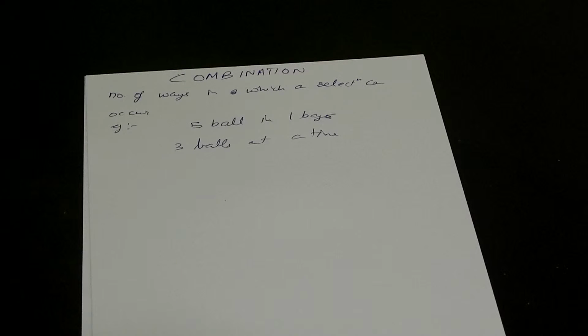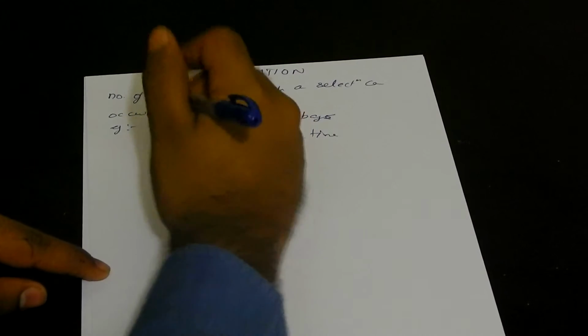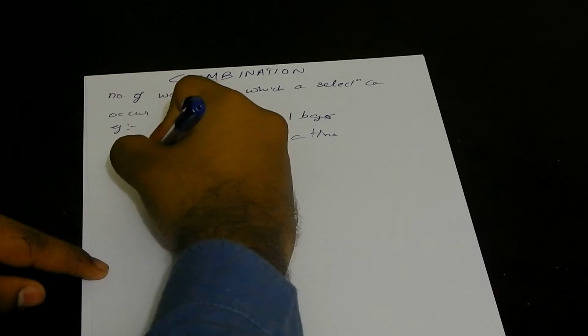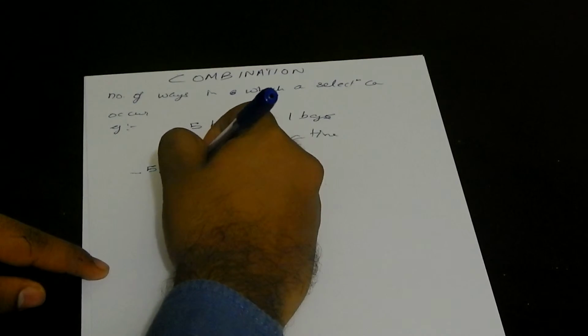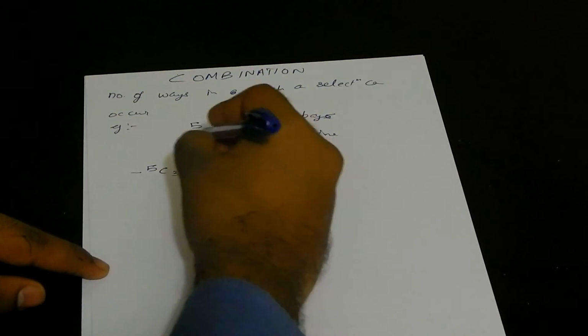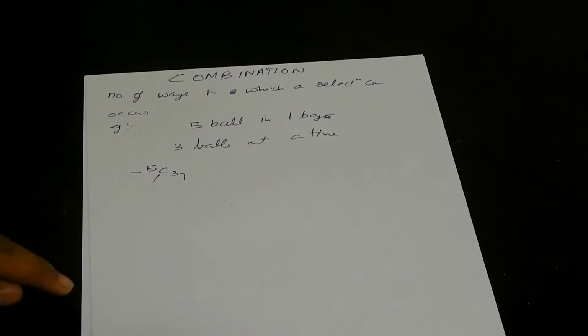So from 5 balls, any 3 balls could be selected at a time. So to calculate the number of ways in which balls could be selected at a time, we will use the formula 5C3, where 5 is the total number of objects and 3 is the number of objects to be selected, and C is the combination, which is nothing but the number of possible ways in which selection can occur.